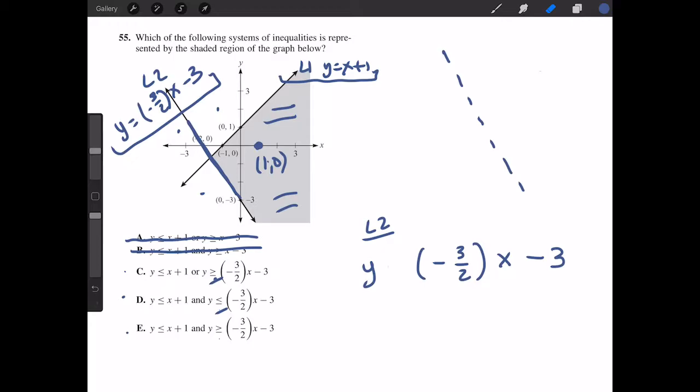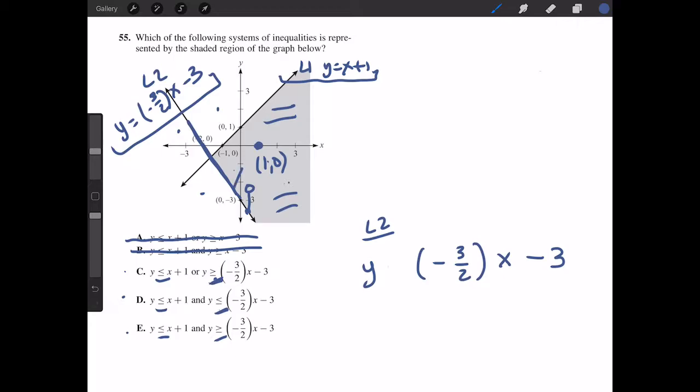Okay, so that's how you know if you should include the equal as well. In this case, because both lines are solid, neither one of them is a dashed line, you know that for both equations you should see the equal option as well. And yep, you see that all choices contain the equal symbol. Now, is it greater than or less than given the shaded region? Well, think of it this way. If you're standing on this line right here, we're looking at line 2.